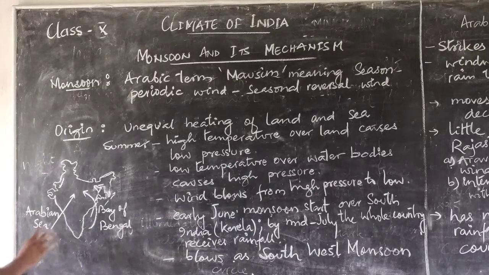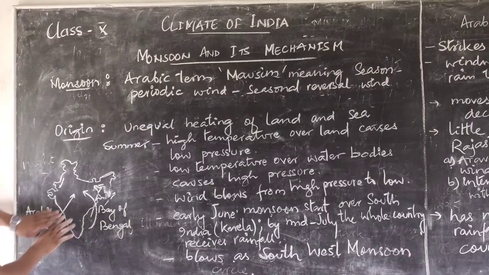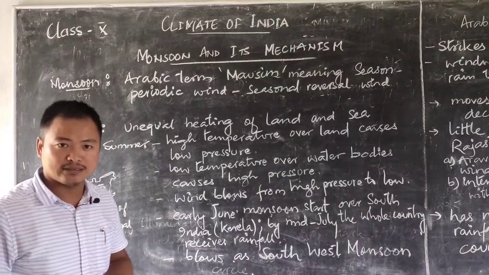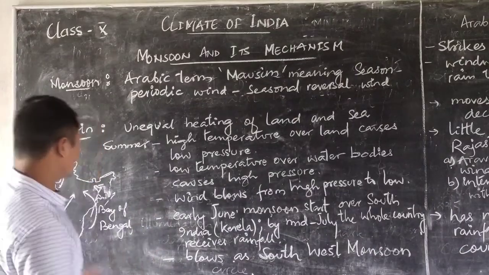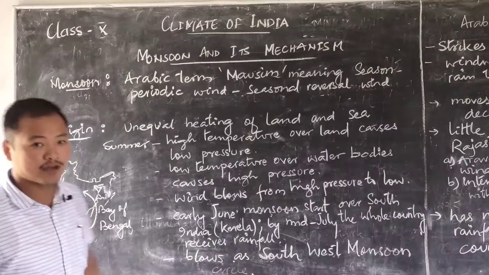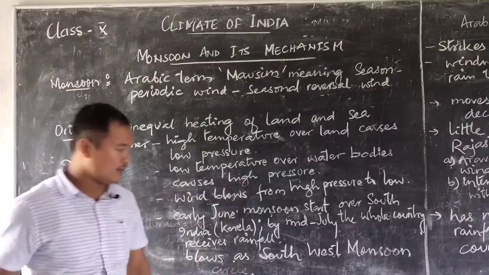So what happens? The wind starts blowing from water bodies, that is from the sea towards the land. As it starts moving from sea to land, the air carries moisture with it, and this very moisture is poured on the land masses in form of rainfall, and that we call monsoonal rainfall.